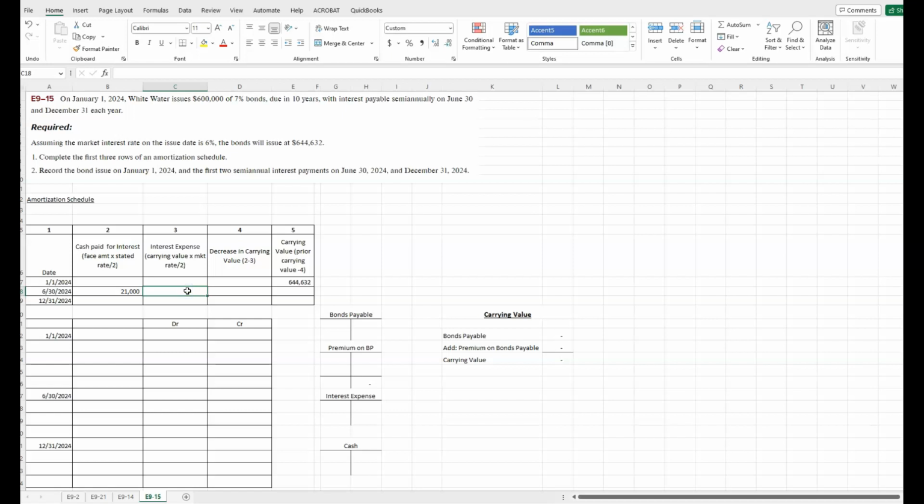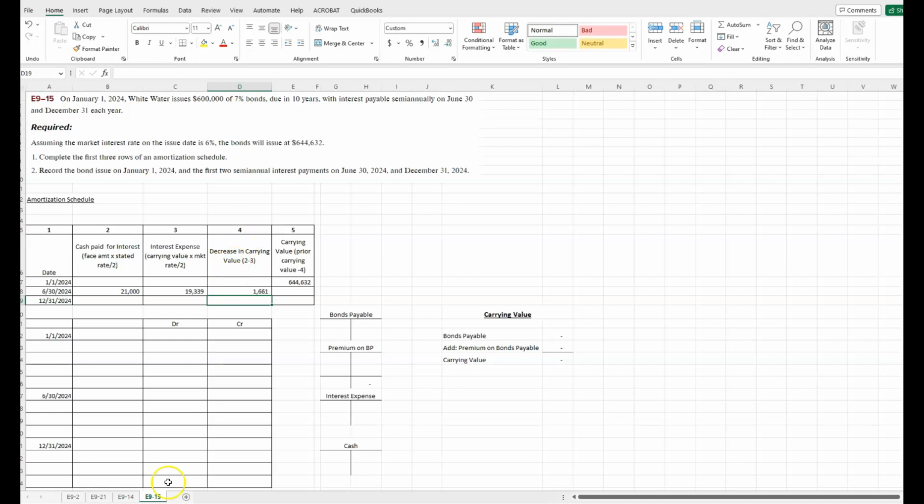How much is my interest expense on this one? I'm going to take my carrying value and multiply it times half my market rate, which is 3%. That gives me 19,339. The difference between these two is 1661.